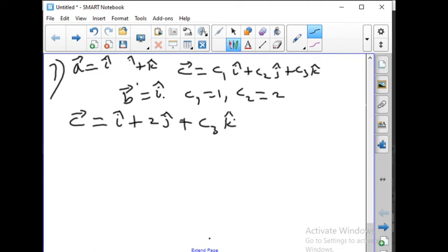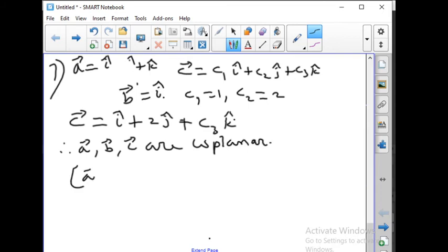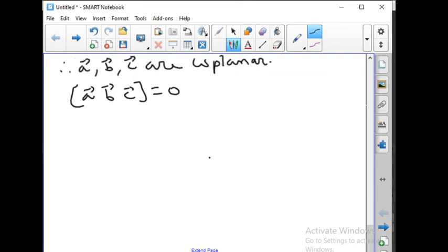So now, given A vector, B vector, C vector are coplanar, this tells us that the box product of A vector, B vector, C vector is equal to 0. So now write the coefficients.